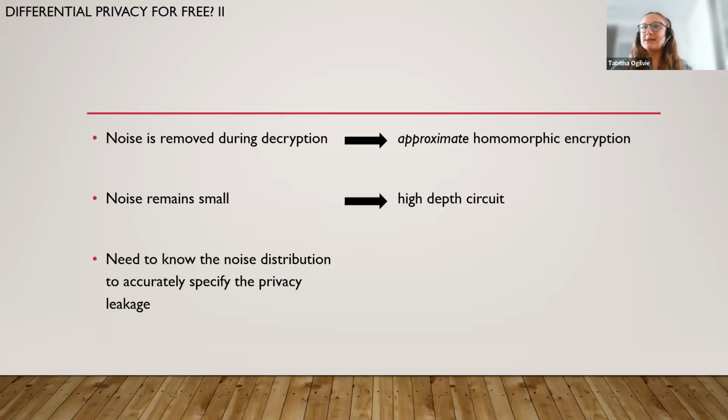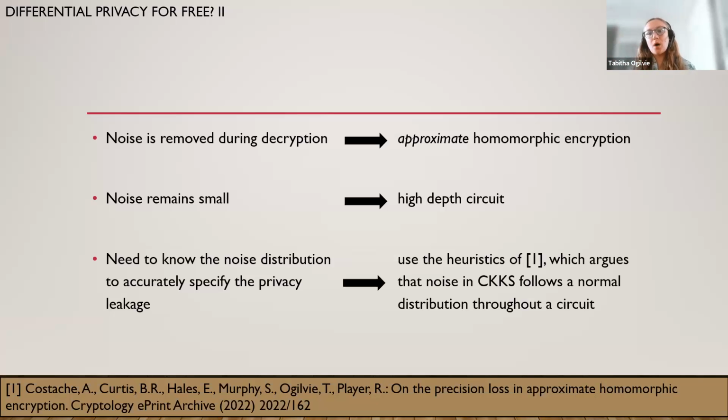And we need to know the noise distribution. Well, there's a recent work that argues that the noise in CKKS is basically normally distributed throughout, particularly after a multiplication. It's still normal. So we're going to build on the heuristics of this.